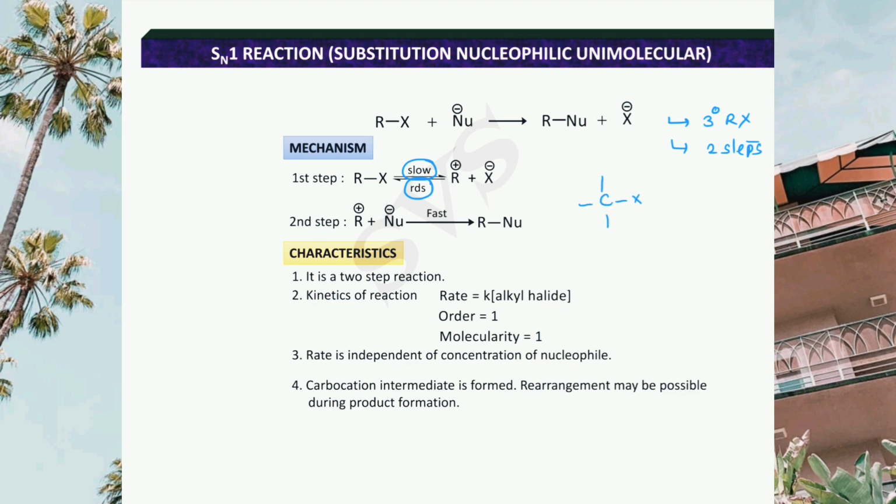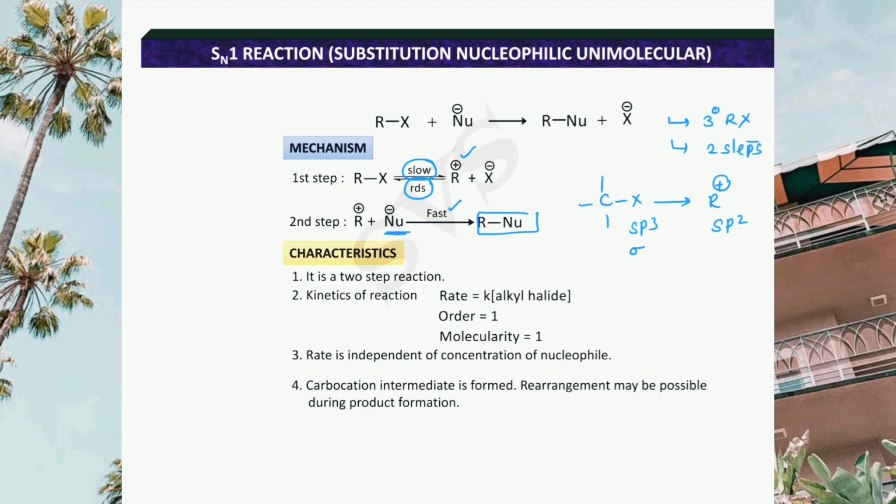We are converting the sp3 carbon, with all stable sigma bonds, into an unstable sp2 carbocation. That is the reason it is the slow, rate determining step. In the first step we get carbocation. Second step, fast step, attack of nucleophile, and we finally get the product.